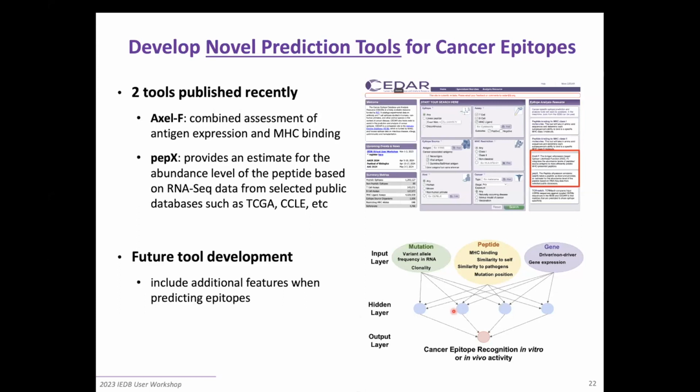For example, the clonality of the mutation, or in the case of neoantigens, we can see how similar the neoepitope is to the self-peptides or also to other pathogens. So yeah, we're always researching these new features and developing novel tools.